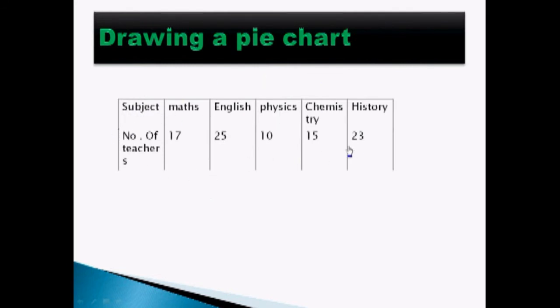So here we have a table illustrating the information, and we're looking at the subjects right here. We have mathematics, we have 17 teachers, for English 25 teachers, for physics 10 teachers, and for chemistry 15 teachers, and for history 23 teachers.